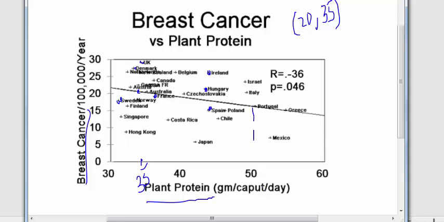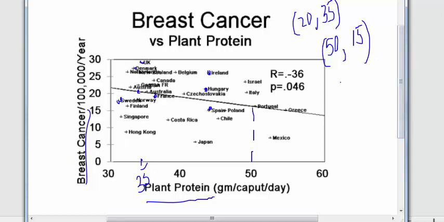So when we have 50 grams of plant protein a day, it's around, let's say, 15. It appears to me like as you get more of your protein from plants, you would have a lower breast cancer rate.